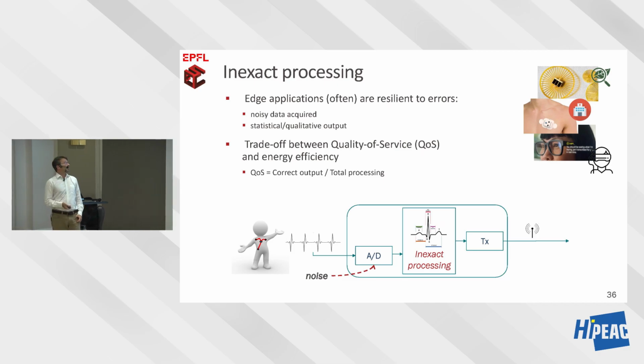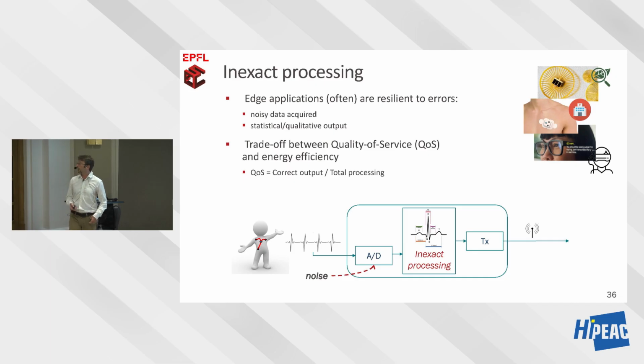Edge applications are by and large resilient to errors. First of all, because they interact with the physical world, so the data which we acquire is noisy to start with, not perfect. This can hide some inexactness in the type of processing which we do.